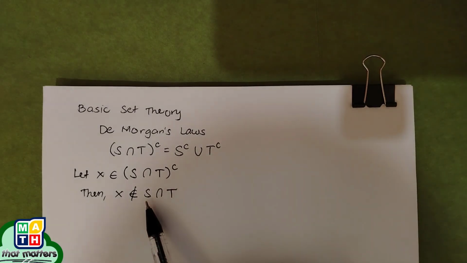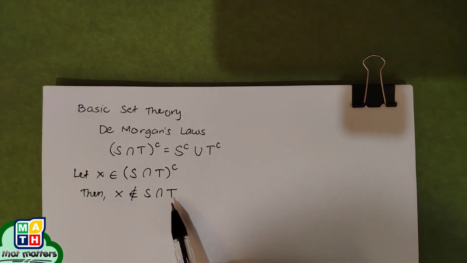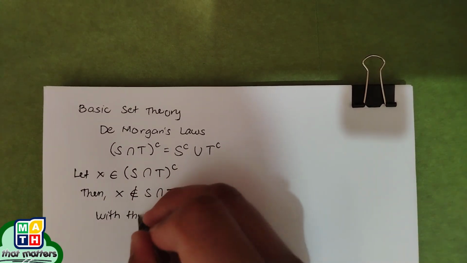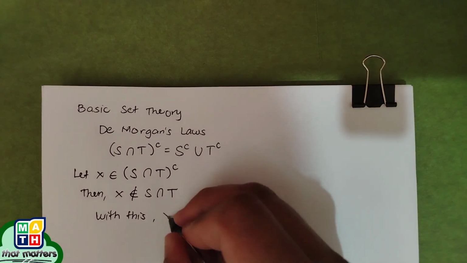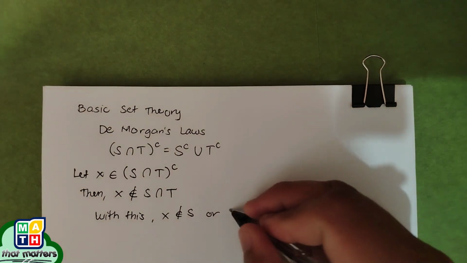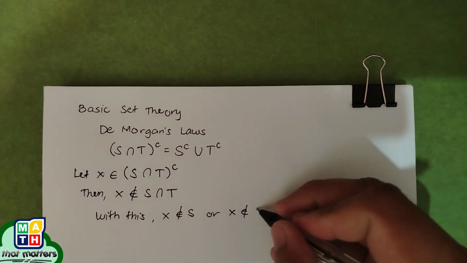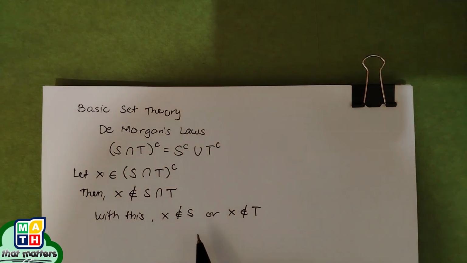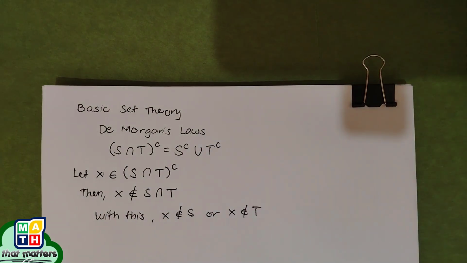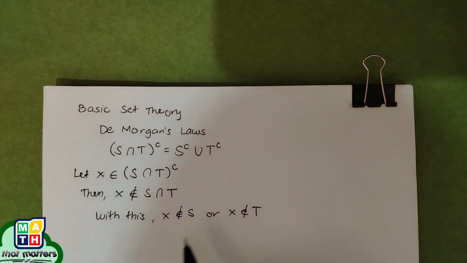So if we have the intersection of S and T, all elements that can be found there are elements that can be found in both sets S and T. And since x is not an element of the intersection, this would mean that x is not an element of S, or x is not an element of T. Because if it is an element of S and T, that would mean that it's an element of the intersection. But since it's not an element of the intersection, we can have this statement.